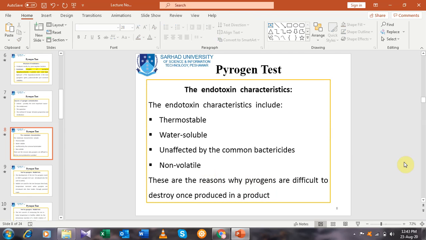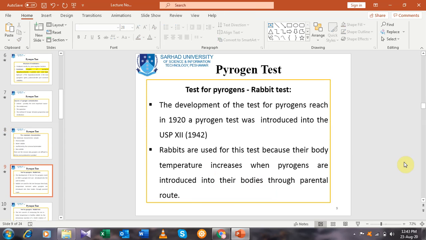Moreover, we have discussed the test for pyrogen, a little overview about the rabbit test that was developed in 1920, and it became part of the United States Pharmacopoeia. It was introduced into the USP 12 by 1942.